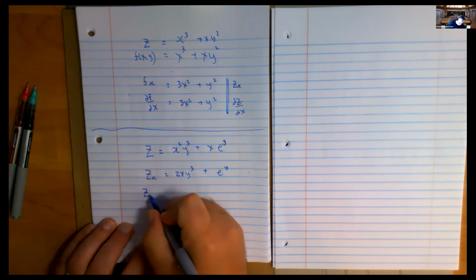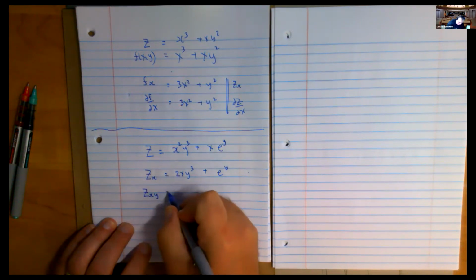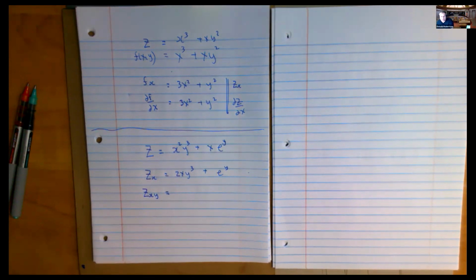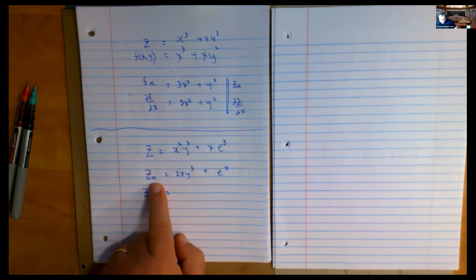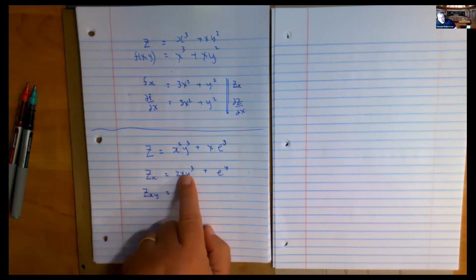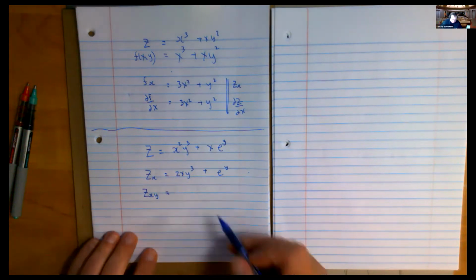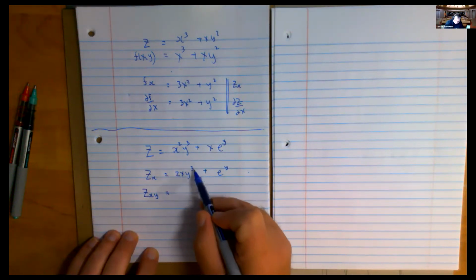And we did this at the end of yesterday. That's a second partial derivative, isn't it? And what does that mean? Well, that means you now take this answer and then you differentiate it, partial derivative, with respect to y. So 2xy cubed basically is like 2xy cubes.